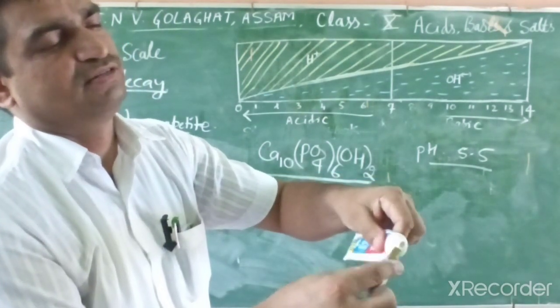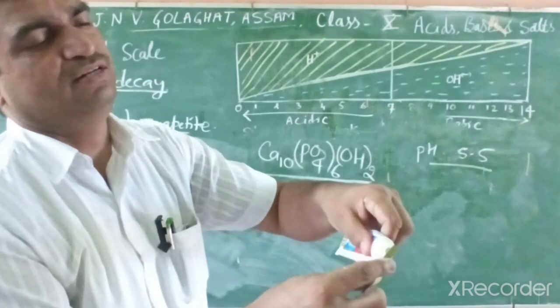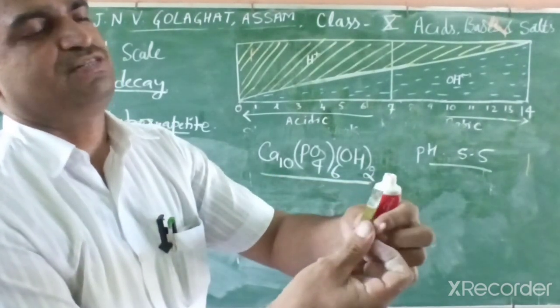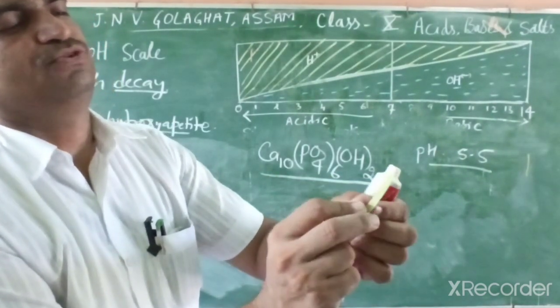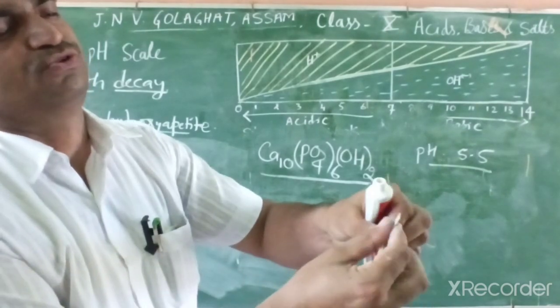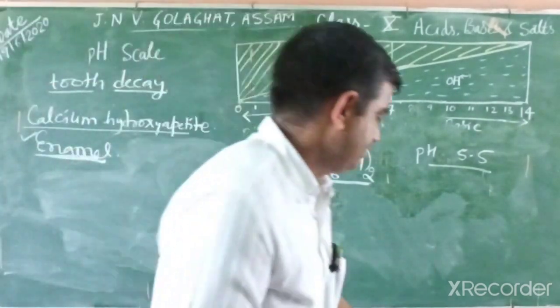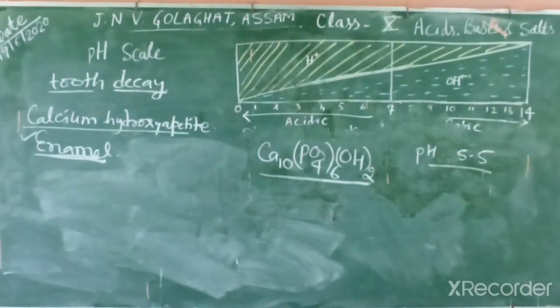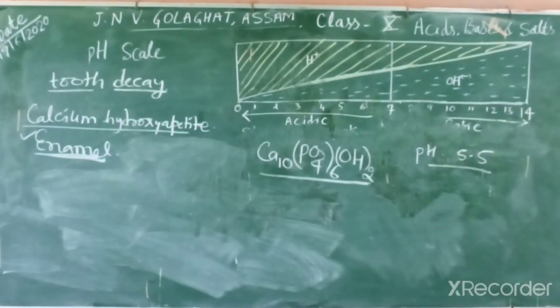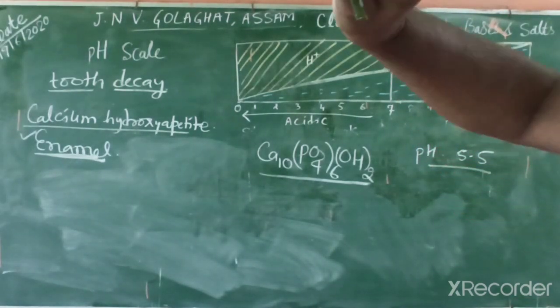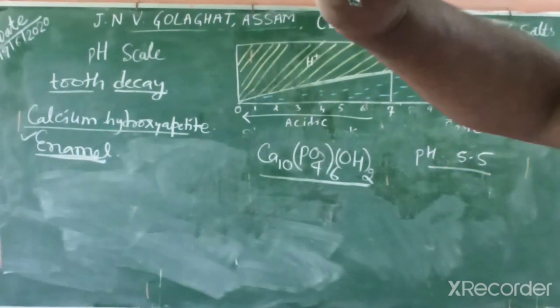We will check the pH of toothpaste using pH paper. We put a small amount of toothpaste on it, and it turns slightly blue. When we wash, it changes into a slightly blue color. So this indicates it is basic.